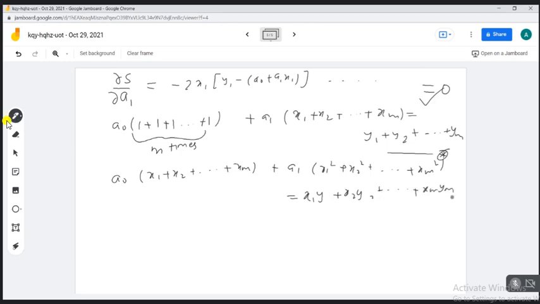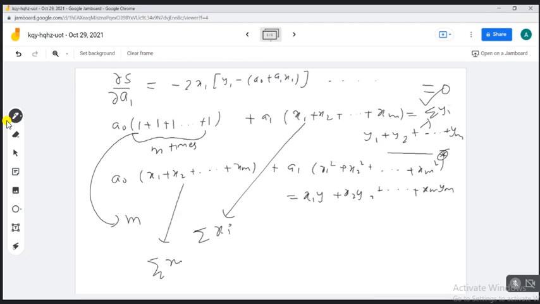So if we can write these things in a simple manner, you can see this is m, this is summation xi, this is summation yi, this is again summation xi, this is summation xi squared, and this is summation xi yi.